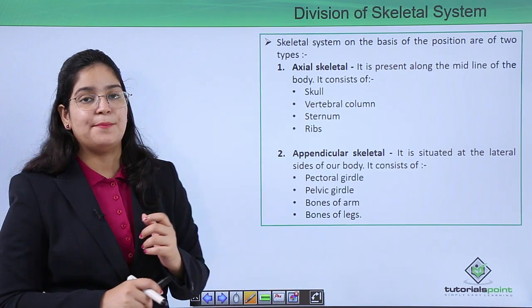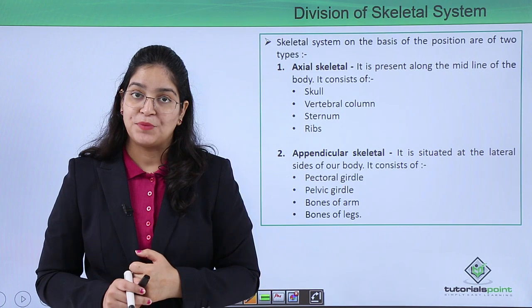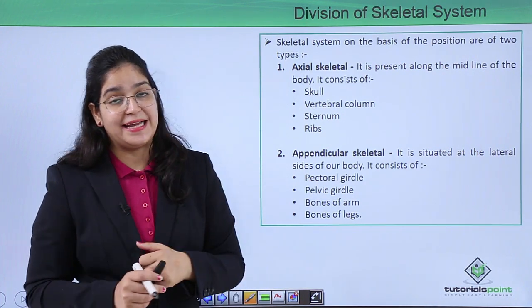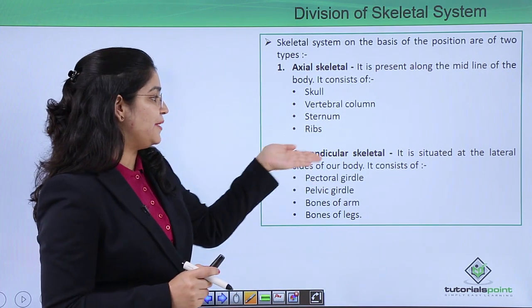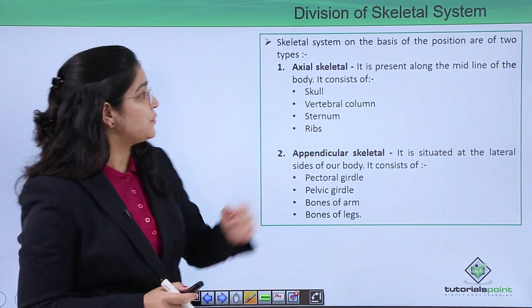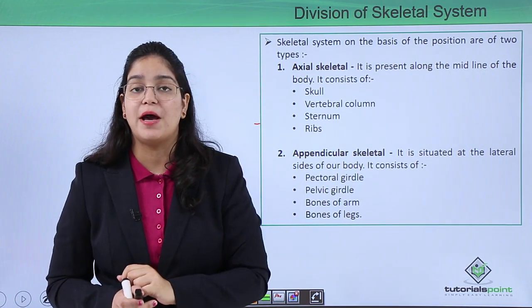Now, let's learn about the division of the endoskeleton inside our body. Our skeletal system is divided into two parts, the axial skeleton and the appendicular skeletal system. The axial skeleton is actually present in the midline of our body.